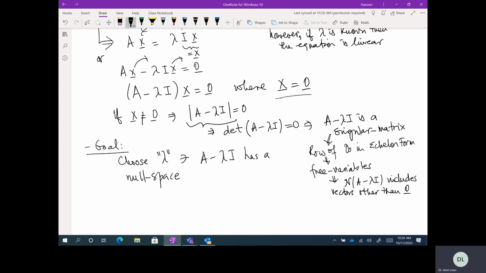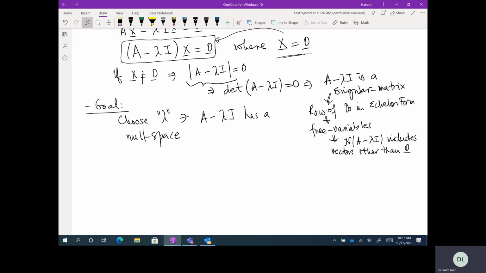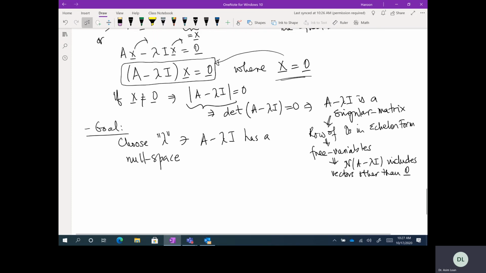X equal to 0 will always satisfy this equation, but this is not going to help us, because a trivial solution will always satisfy any such equation. So the goal is that A minus lambda I has to be singular, and this is the one we said in the beginning.